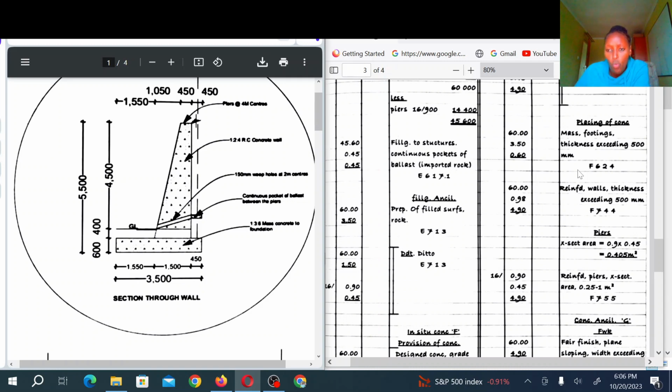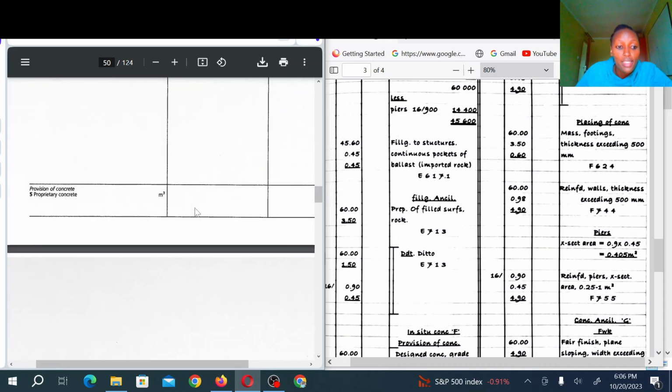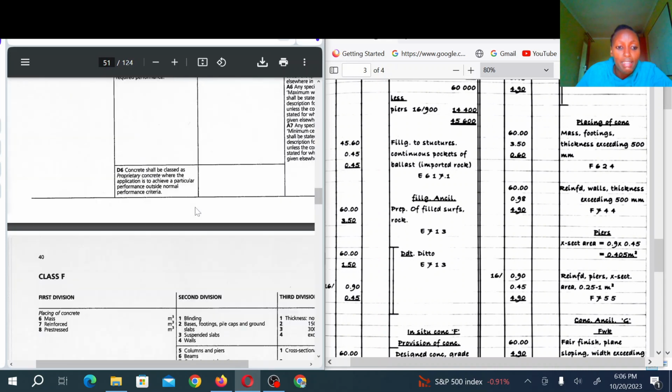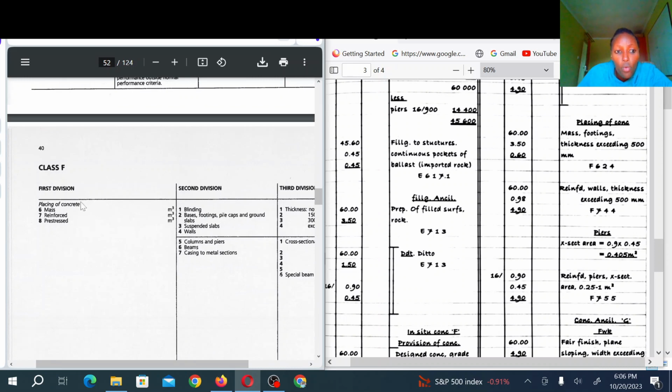So we shall measure the placing of concrete in the foundation, then the placing of concrete for the walls, because as guided by the CESMM, we can place the mass concrete, that one is in the foundation, then we shall place the reinforced concrete differently. Then when we come to reinforced concrete, we shall place the walls differently.